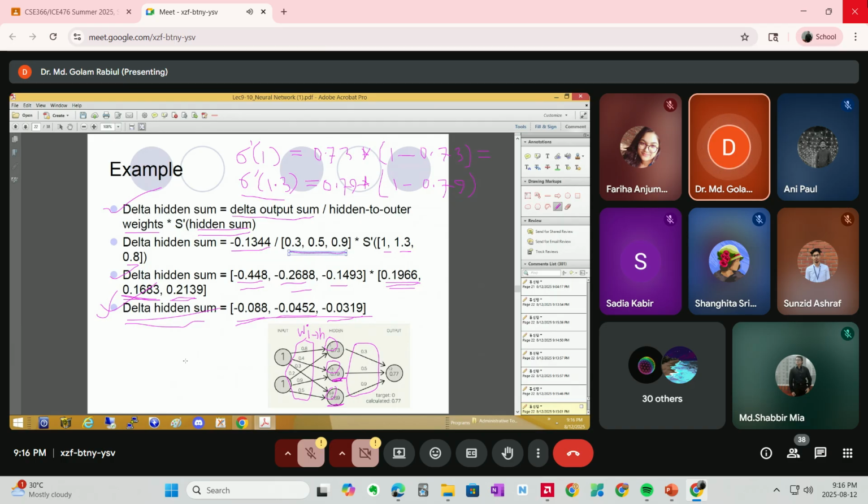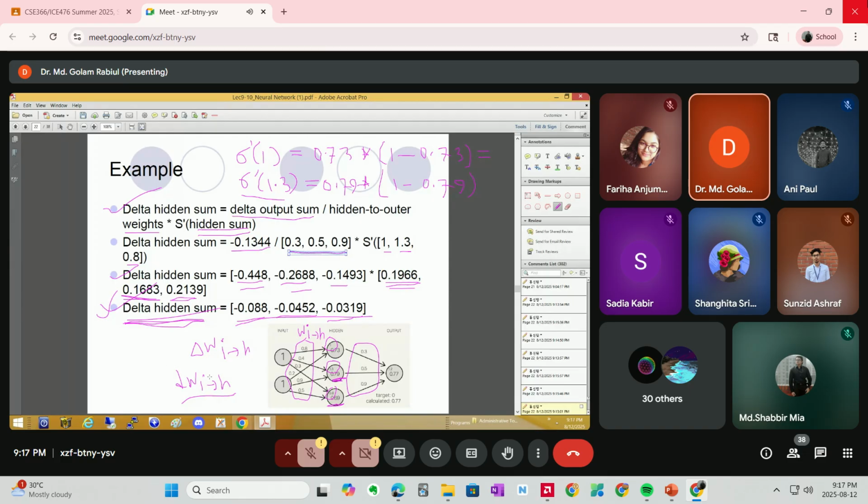So we need to find out the delta WIH, or you can say DWIH. We want to find out this, but already we got the delta hidden sum. So that means the rate of change of the sum here.